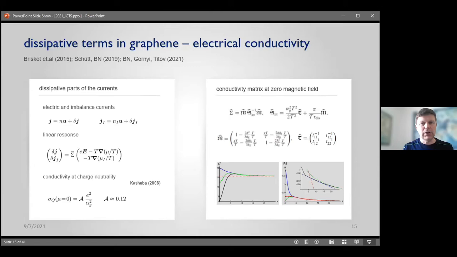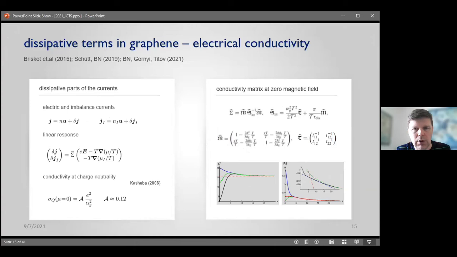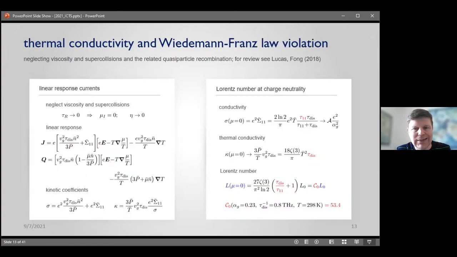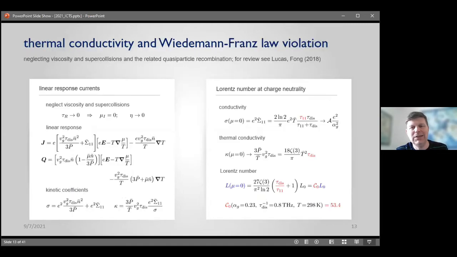And here, it's important to say that already at the level of the ideal theory, there are some scattering processes that yield these conductivities or resistivities, and in a certain sense, dissipation is already there.